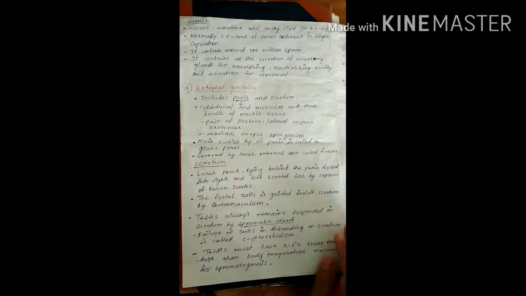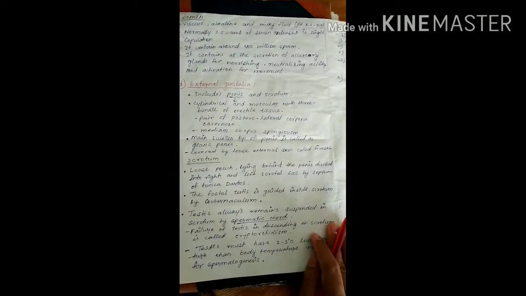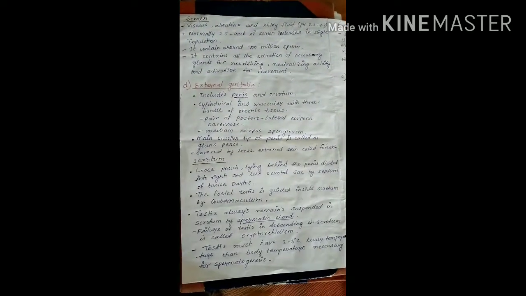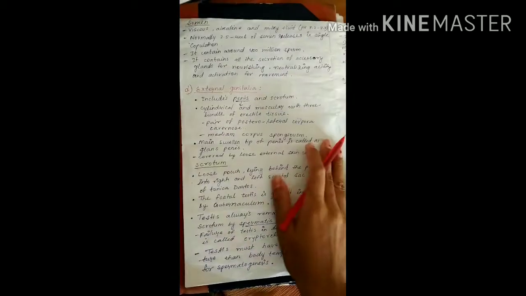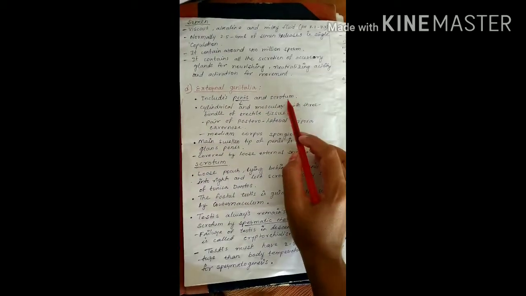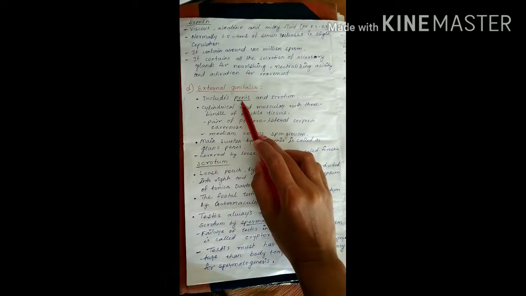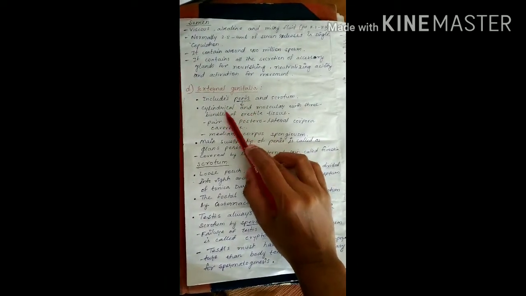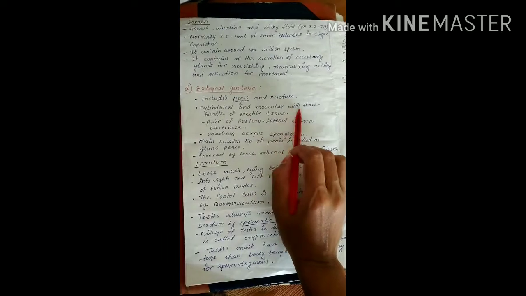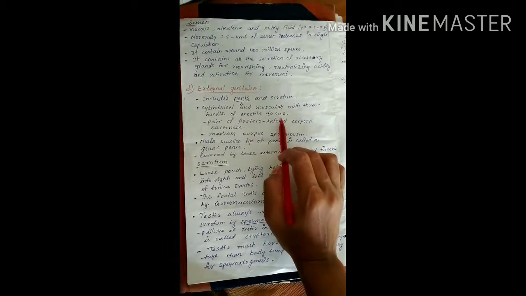Then the next topic, that is external genitalia. It includes the penis and scrotum. The penis is cylindrical and muscular with 3 bundles of erectile tissue.